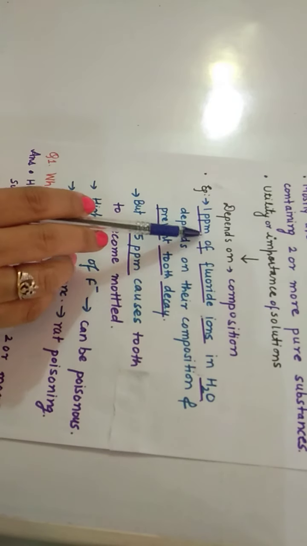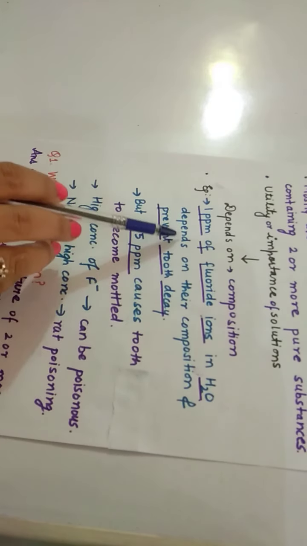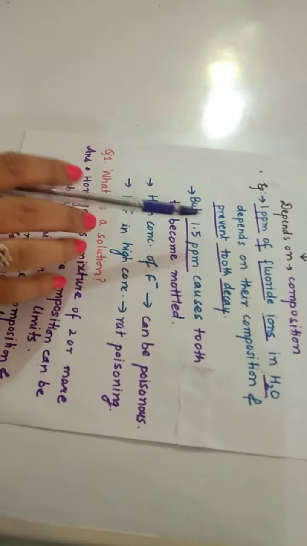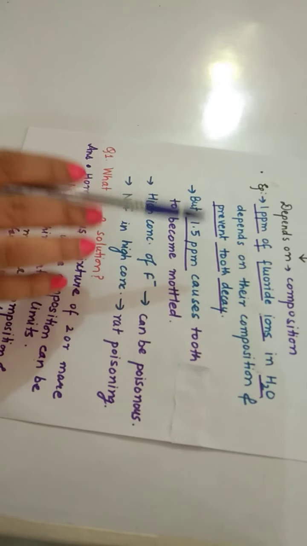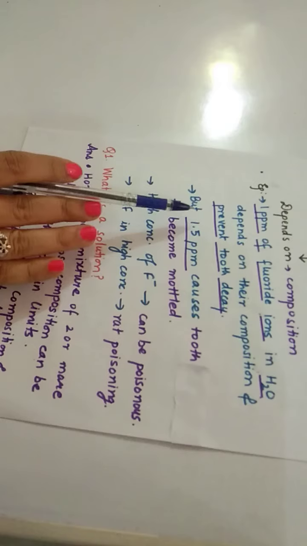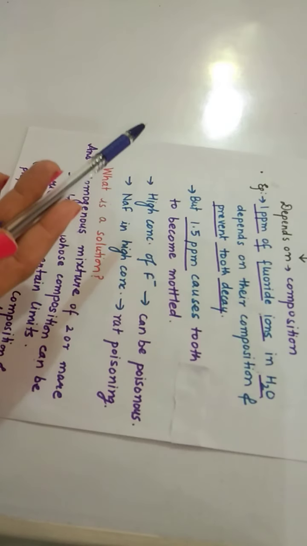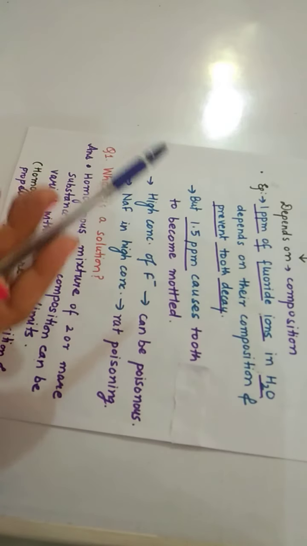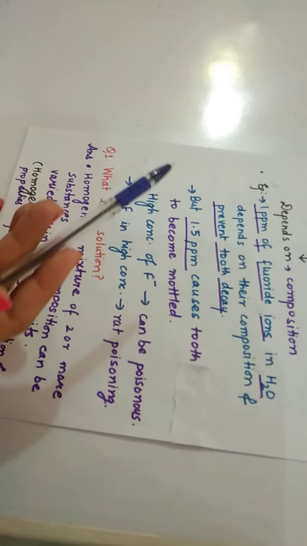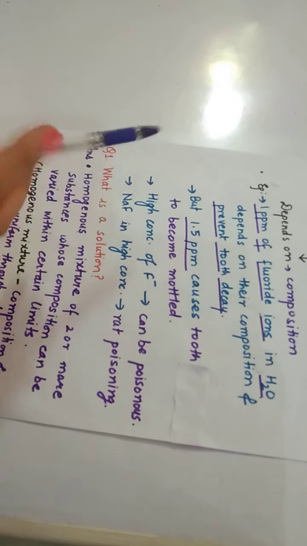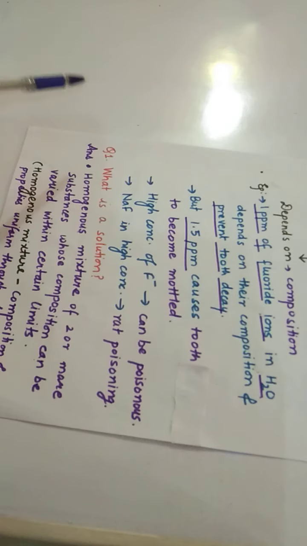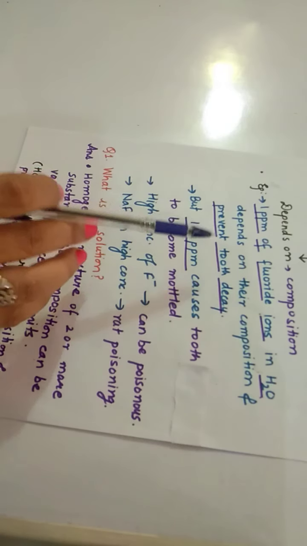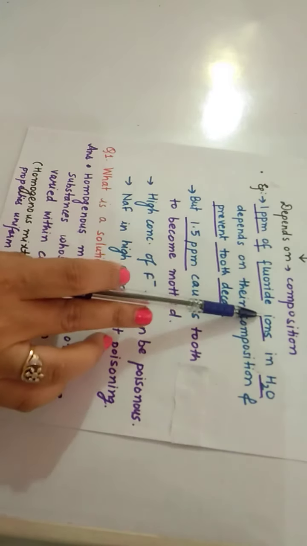Like if 1 ppm of fluoride ion in water is used, then it prevents tooth decay. Ads are given that we use Colgate daily to prevent tooth decay. This kind of ads comes daily. So that's what it is exactly. It is due to the presence of fluoride ions.